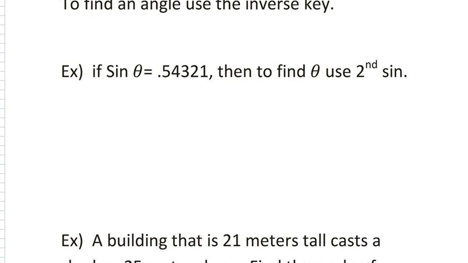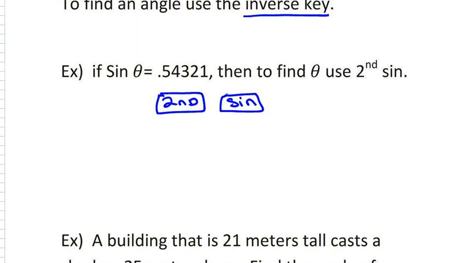If I needed to find an angle, I will use the inverse key on my calculator. So notice, if you look at your calculator and you hit the second function key, and then you hit the sine key, it says up above, sine inverse, and that's what you're going to use.